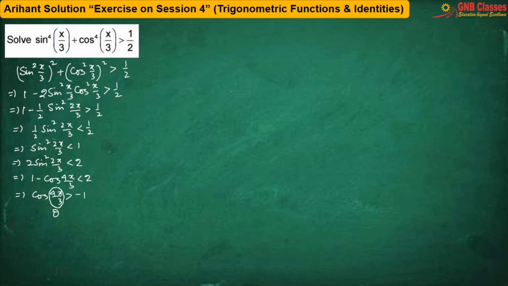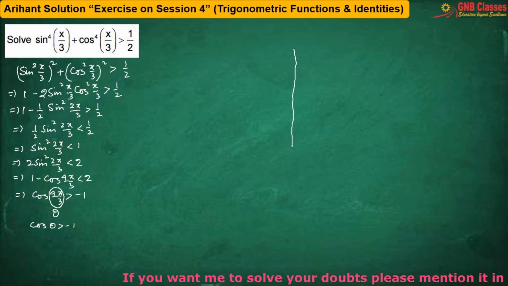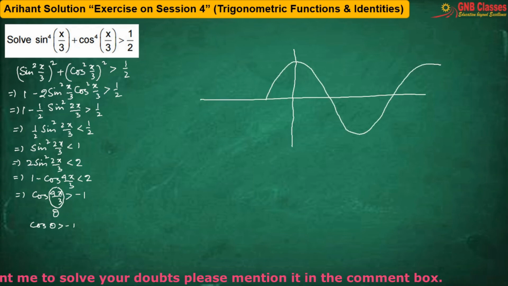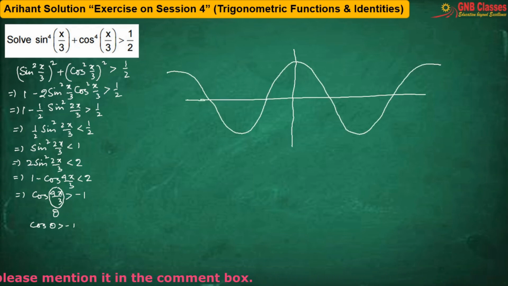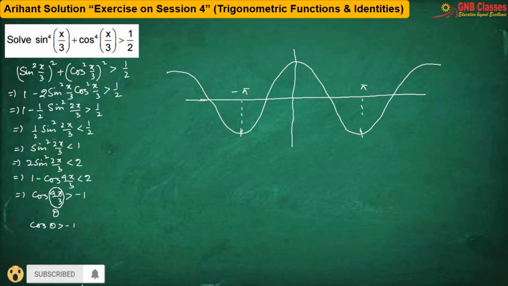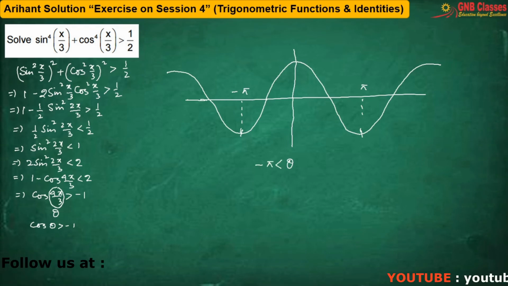Now let us treat 4x by 3 as my theta. So we are having cos theta greater than minus 1. Let me draw the graph of cos x. Now here we will observe that nearby the origin, cos theta is greater than minus 1 means, this is minus pi and this is pi. So we will write that your theta is greater than minus pi, less than pi.